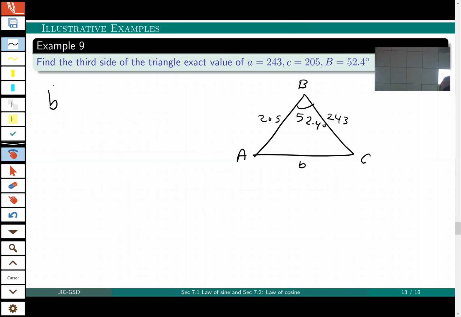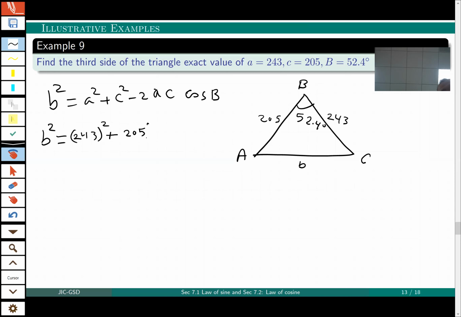We will say B squared is equal to A squared plus C squared minus 2 times A times C cosine the angle B. So B squared will equal A squared, which is 243 squared, plus C squared, 205 squared, minus 2 times 243 times 205 cosine the angle B, 52.4 degrees.